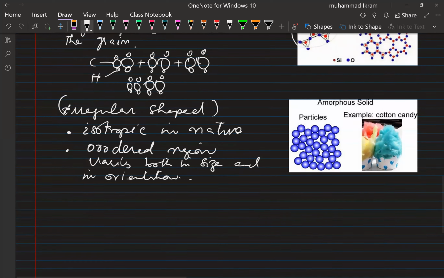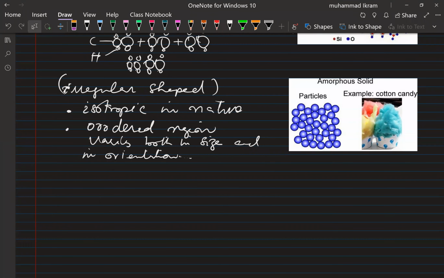For example, like this, like this, like this. So they vary in shape and orientation. There is no particular orientation where we can say that the crystal is oriented in this direction only.